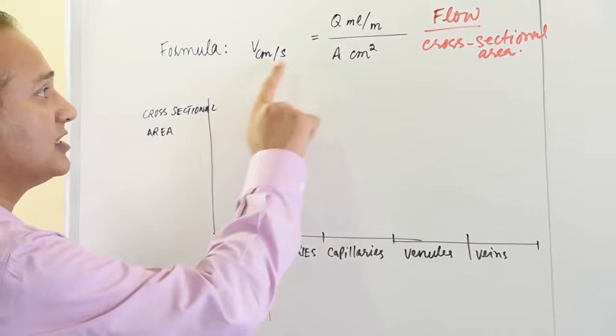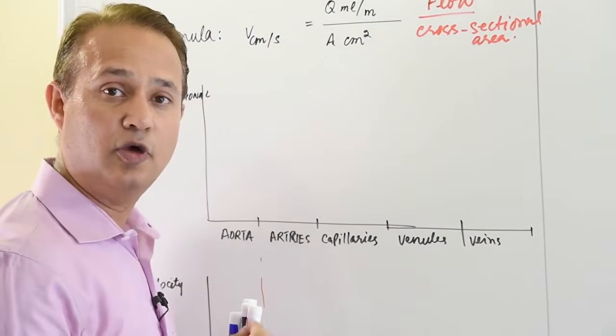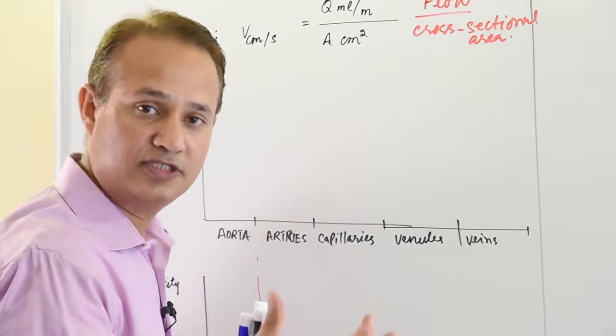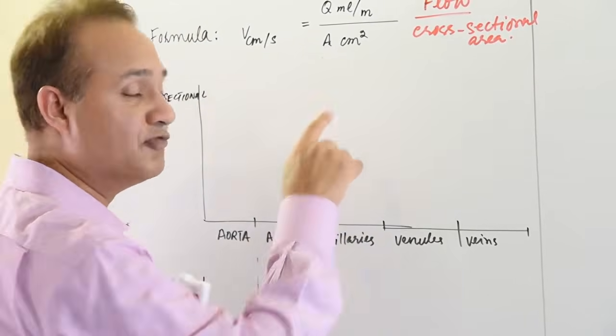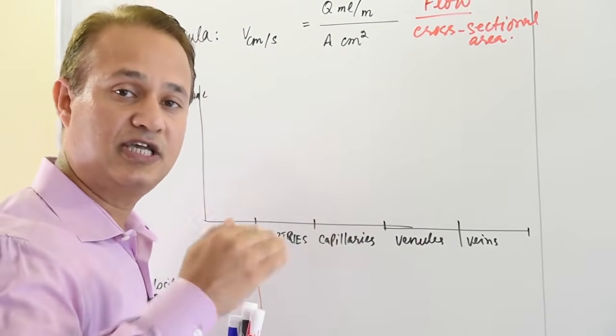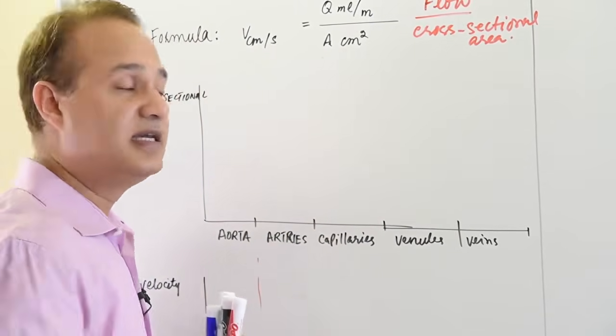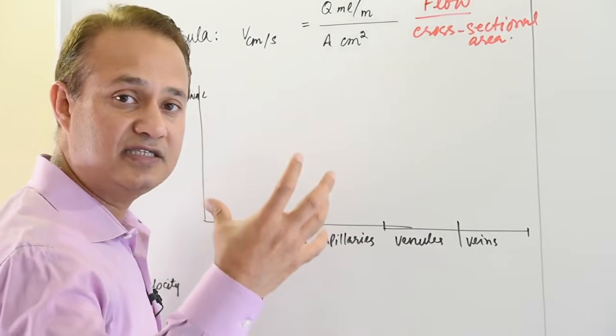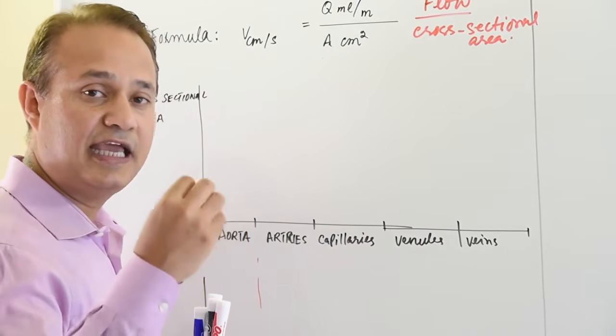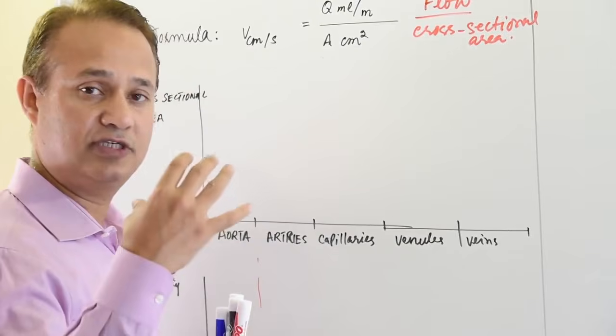And you're seeing that velocity is directly proportional to the flow. More the flow, the more velocity. And velocity is inversely proportional to the cross-sectional area. And that means if the area is increased, the velocity would decrease. If the area is decreased, velocity would increase.